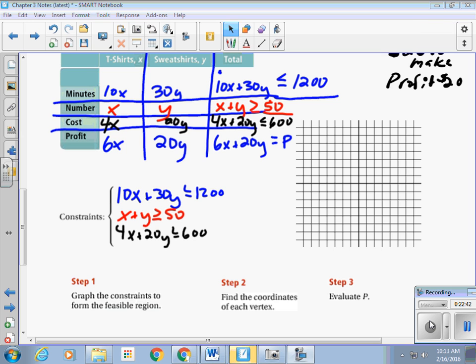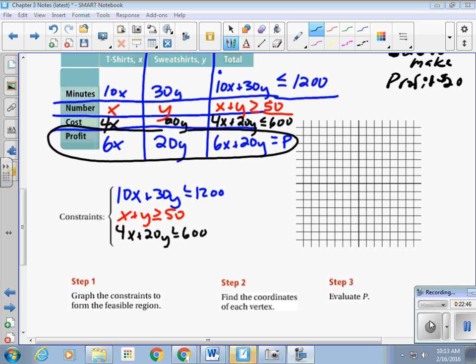The profit, this is your objective function. And that will be the function we'll be putting our vertices into. So we're putting it off to the side for just a moment. The easy constraints.